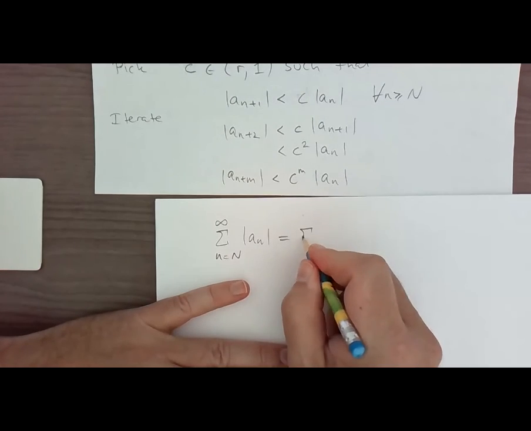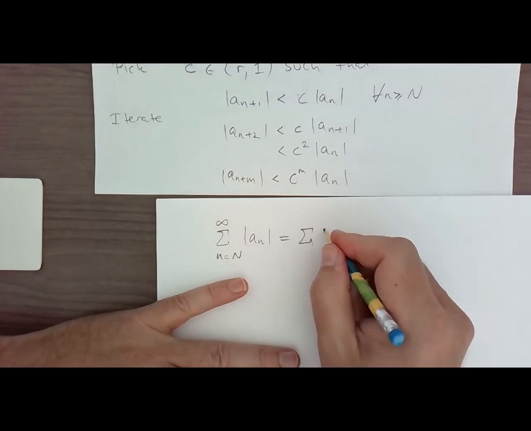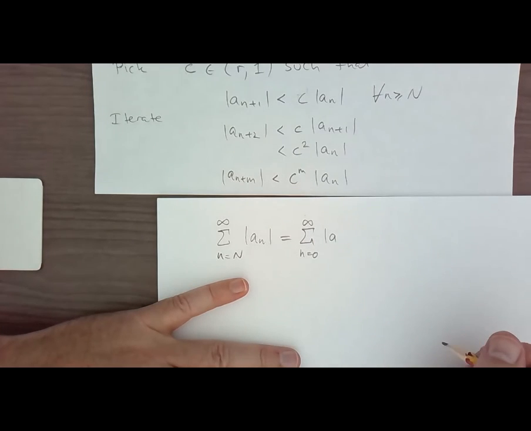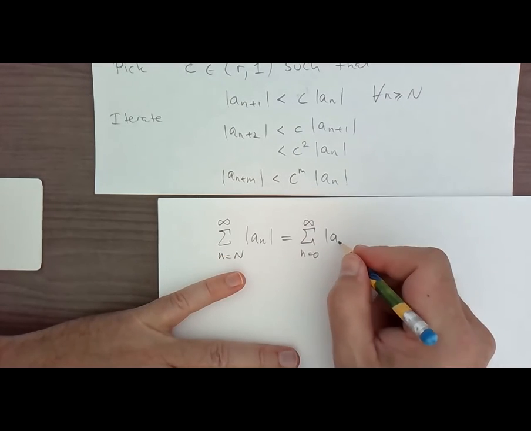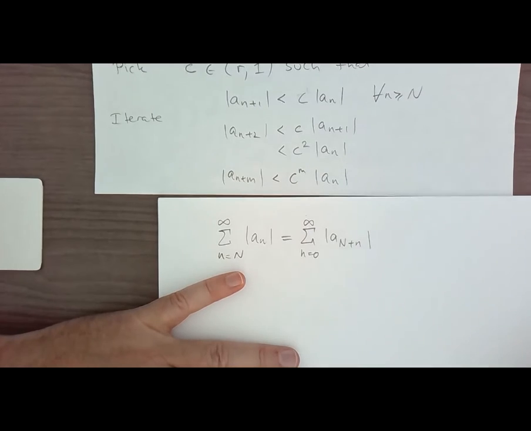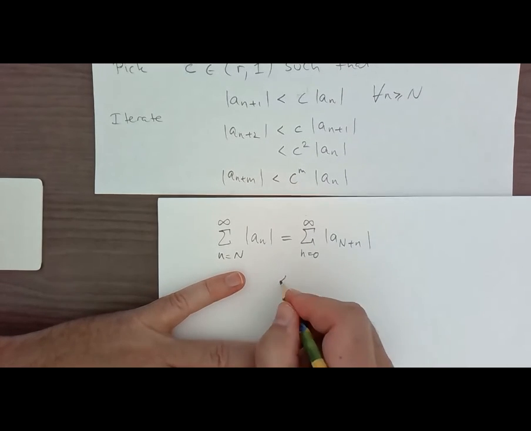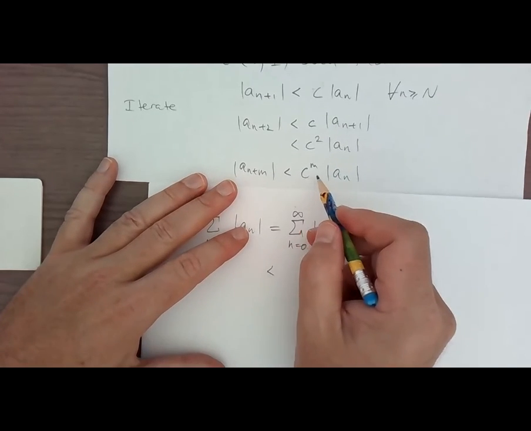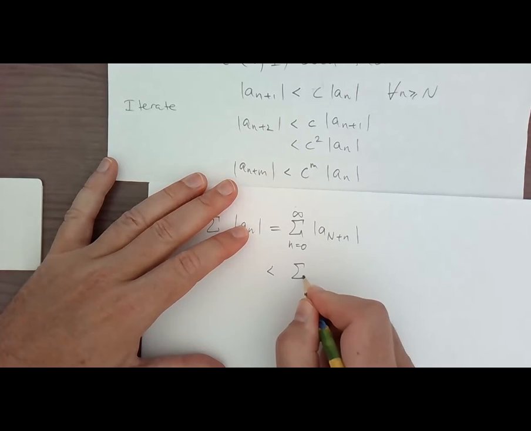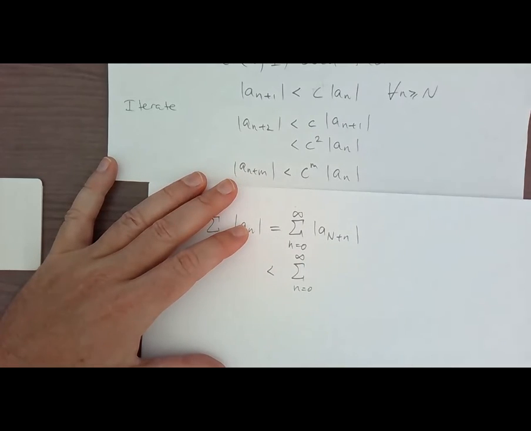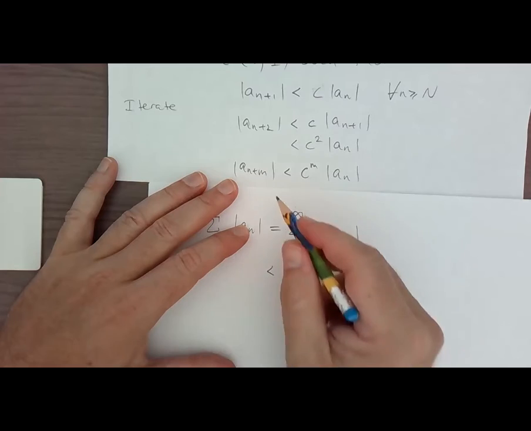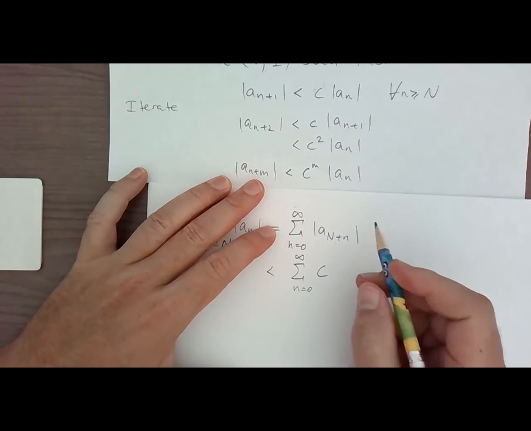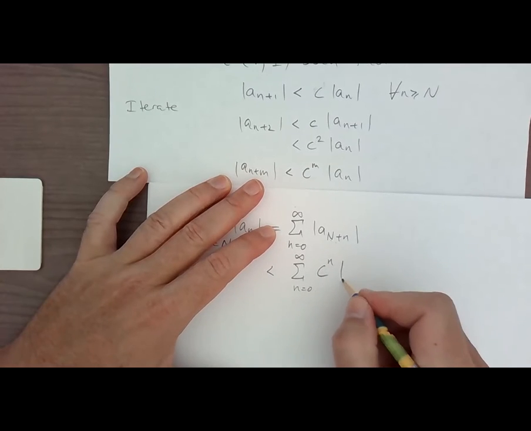Instead of starting it at N, I could start it at 0, and then I would have a_{N+n} here. And then I'll use the bound. Here, this will be the sum from n equals 0 to infinity of c^n times something big, the absolute value of a_N.